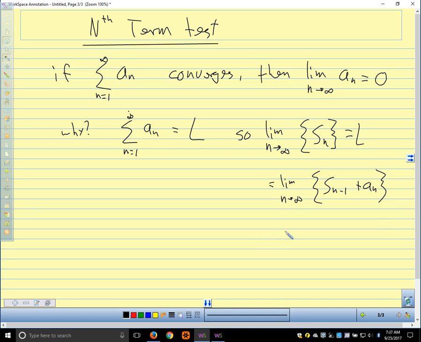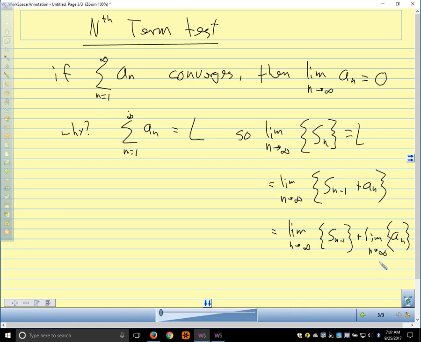Well, I can separate these two out. But if the limit as n approaches infinity of s sub n is L, we're still going, n is approaching infinity.